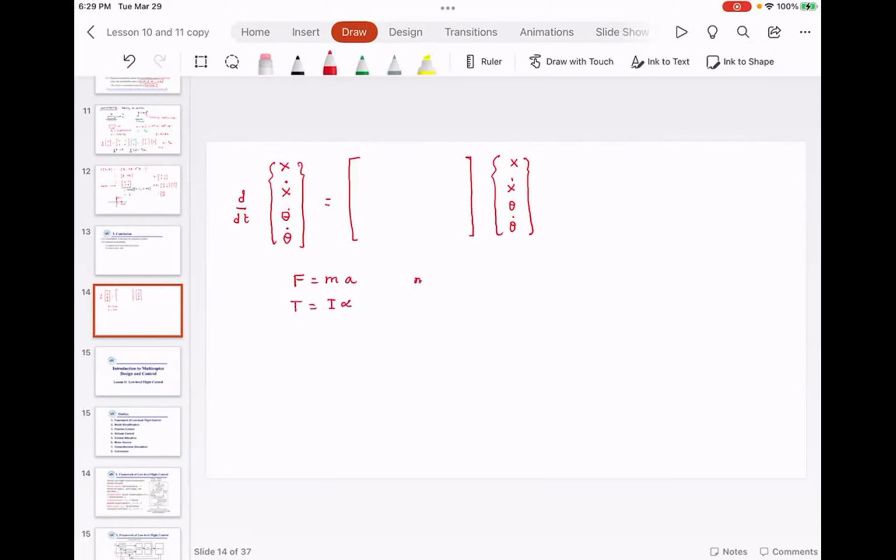For the sake of discussion, let me assume m is equal to 1, I is equal to 1. And then I'm going to have a vector here, and then maybe some u.